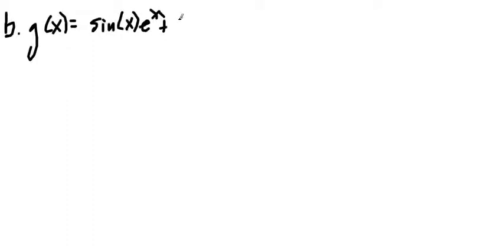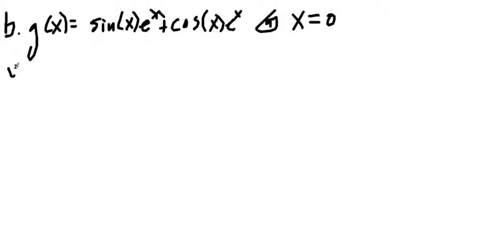The next one is g of x equal to sine of x times e to the x plus cosine of x times e to the x at x equal to 0. Again, we need to figure out what y1 is, because our x1, I'll just call this x1 equal to 0.